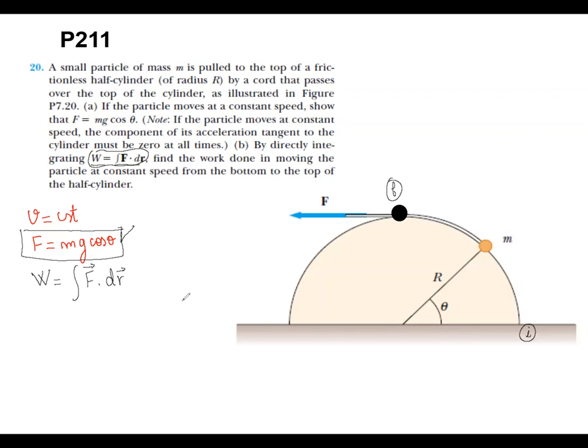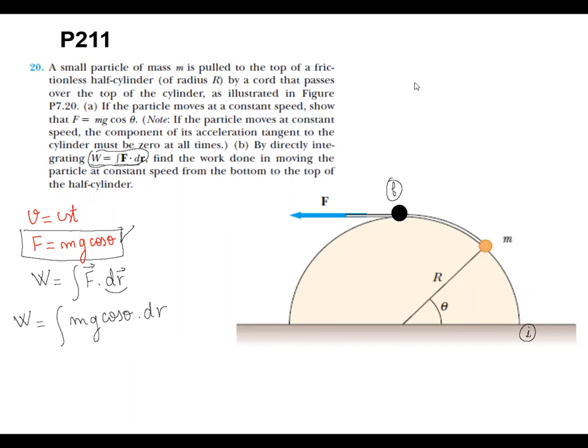Now, how can we calculate dr? You know, F equals mg cosine theta. So here we have mg cosine theta, and we have dr. The angle between F and dr equals 0 because the displacement dr is a small portion of the trajectory.